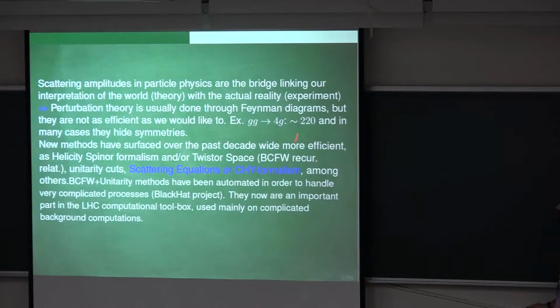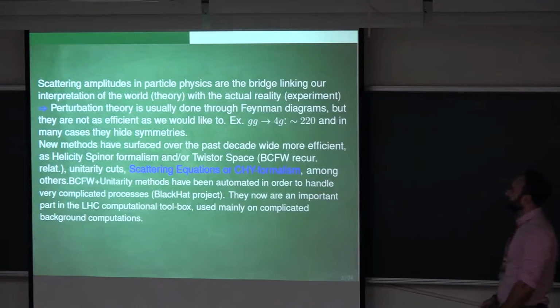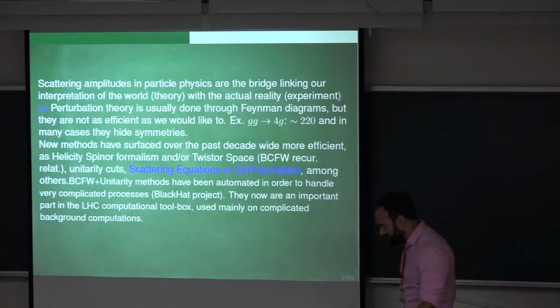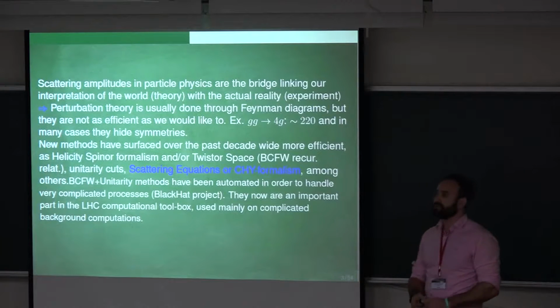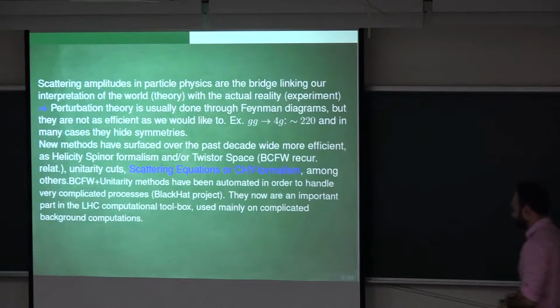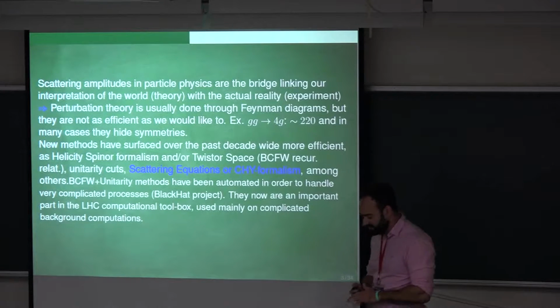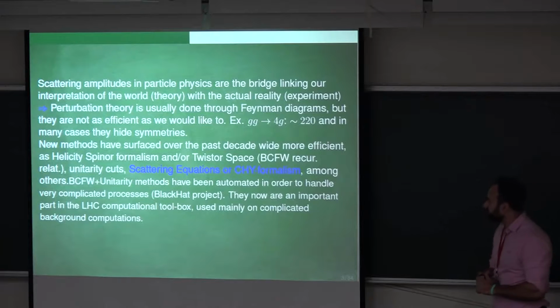For simple processes in pure Yang-Mills, six particles scattering, we have 200 and something diagrams that we need to sum up. So new methods cry out to be developed in order to make this computation more efficient, but even more to make properties of the theories more manifest, like gauge invariance and actually global invariance and things that are very hidden in the Feynman diagram approach.